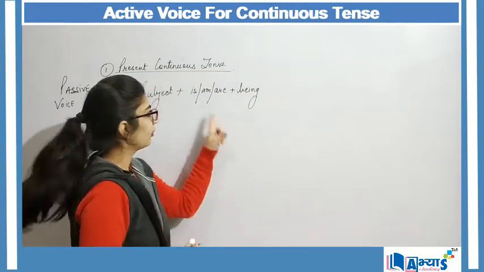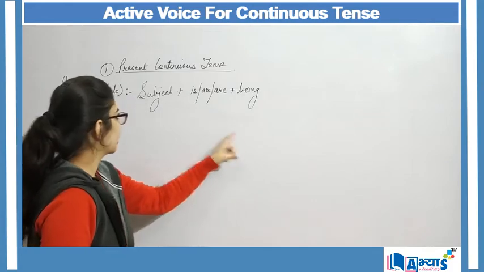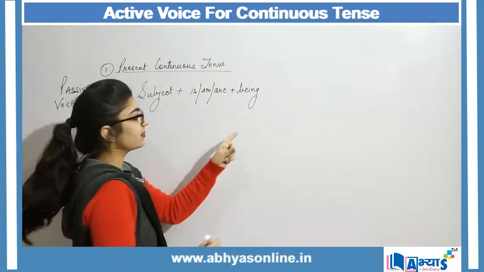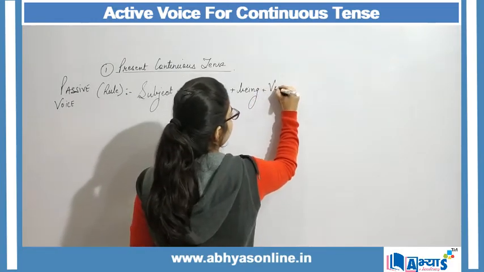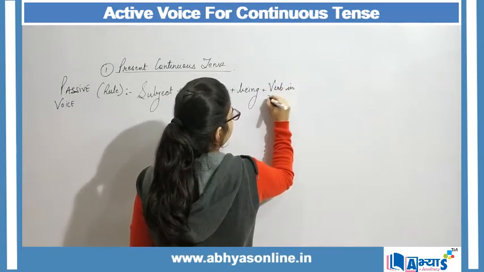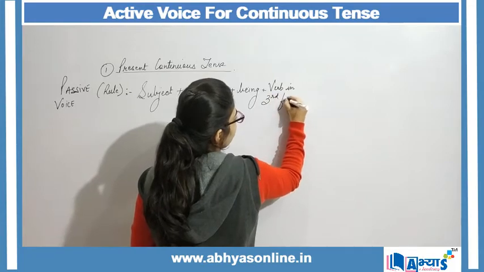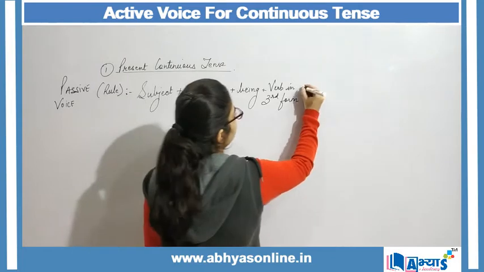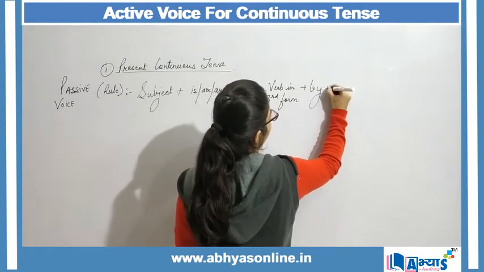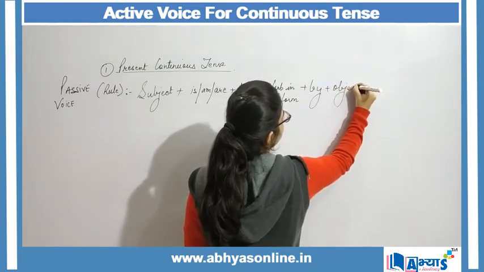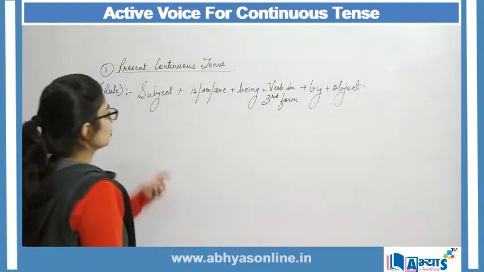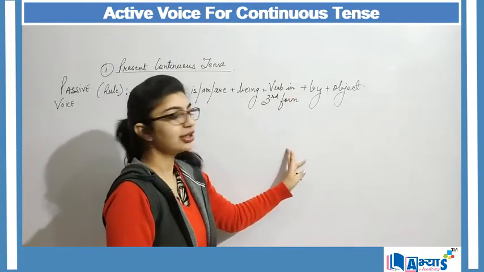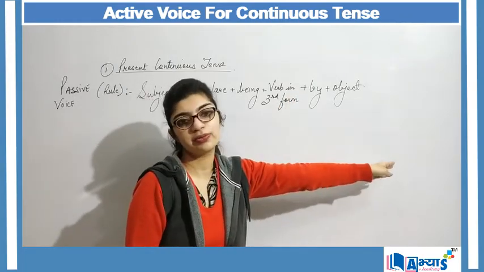Being I am using for the continuous tense which is in passive voice. So subject plus is, am, are plus being plus verb in third form, because for passive voice my verb will always be in third form, plus by and followed by my object.